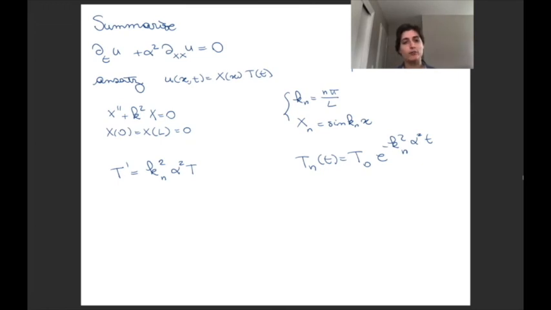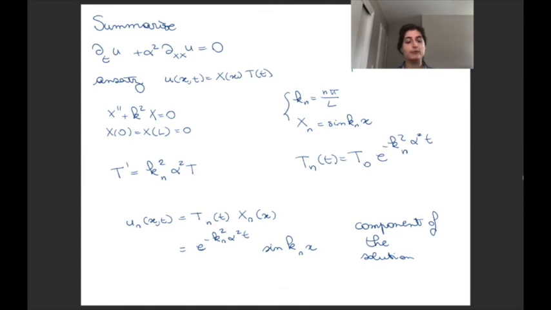And for every value of k_n that we have found, we have a solution for t as well, capital T. So now, for every positive integer n, we have a solution that is a product of T_n times X_n. That is something that depends on k_n, on t and x. So it's exponential of minus k_n squared alpha squared t, all of this multiplied by the sine of k_n x.